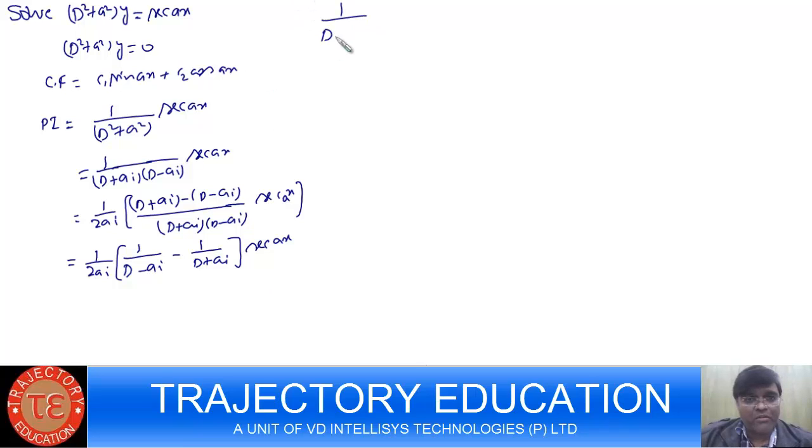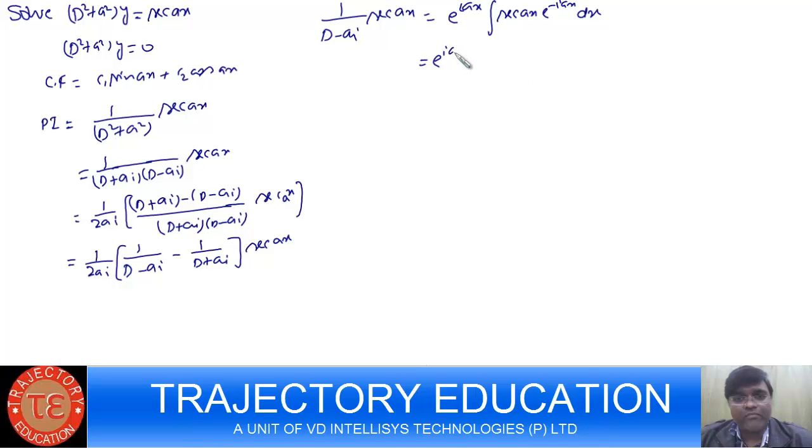I'll find one by one. 1/(D − ai) sec ax is going to be e^(iax) ∫ sec ax e^(−iax) dx.